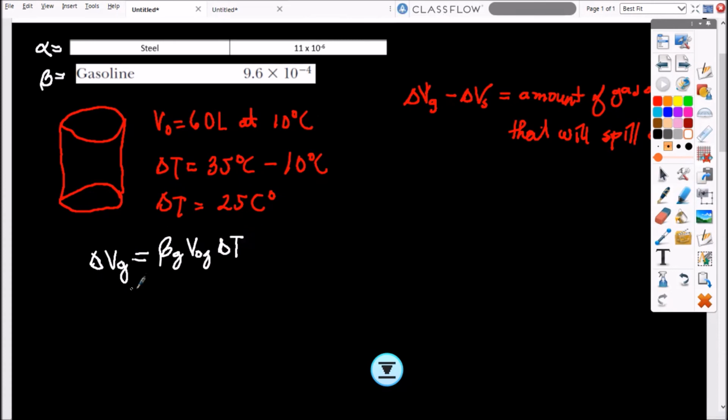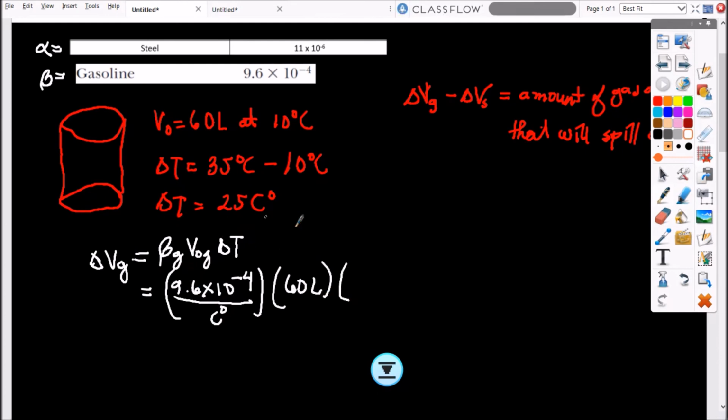Beta of gasoline is 9.6 times 10 to negative 4 per Celsius degree, multiplied by the initial volume, which is 60 liters, times the change of temperature, which is 25 Celsius degree.